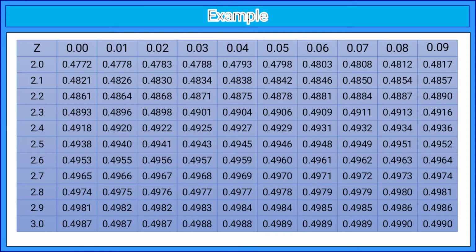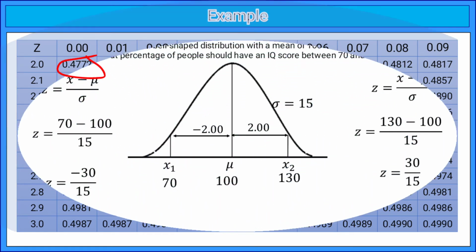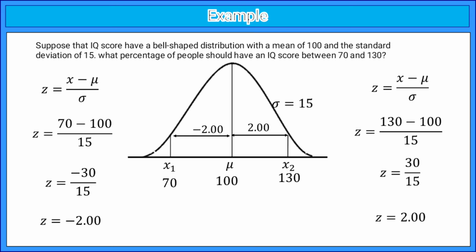So we're going to use now the standard normal distribution table. Well, 2.00 is this, so we have 0.4772. When we plot it here, we have two values of 0.4772, and then we're going to add them: 0.4772 plus 0.4772 is equal to 0.9544.